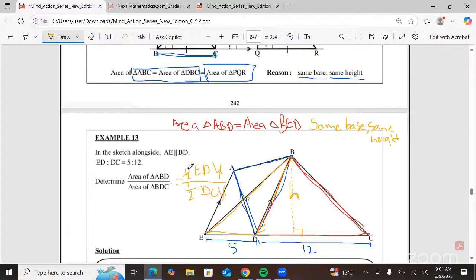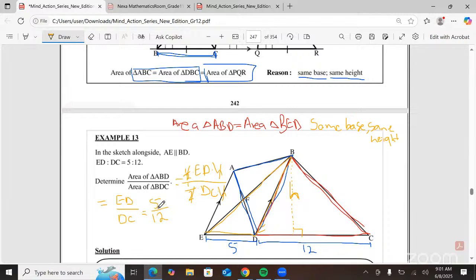This cancels out, this cancels out. We are now left with ED all over DC. Then ED is 5 all over DC is 12. Then we are done, because the area of this is equal to that.